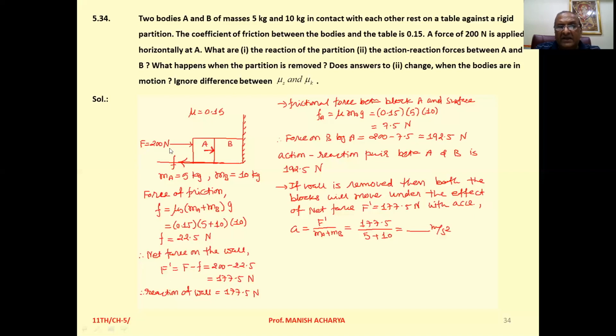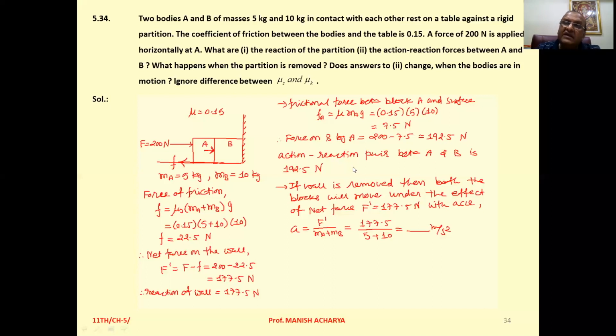Now on A we are exerting force 200 Newton, and friction between A and surface in the opposite direction is 7.5. So the net force exerted by A on B is 200 minus 7.5, that will be 192.5 Newton.